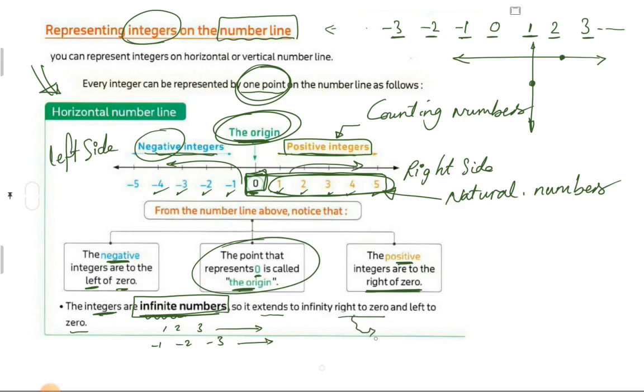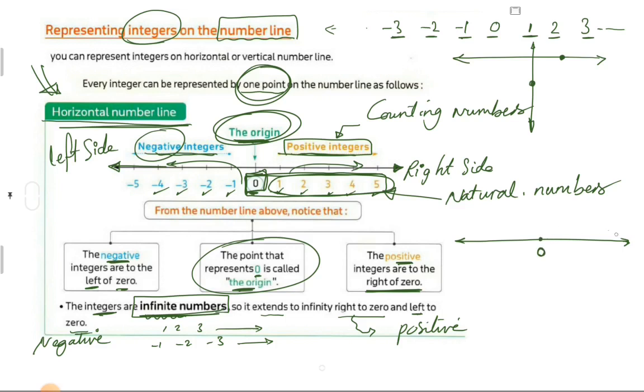Right of 0 we find positive, and it's infinite, so we draw an arrow. To the left we find negative, and also it's infinite, so we draw an arrow like that. Now we can draw the horizontal number line by drawing a line like that and putting 0, the origin.